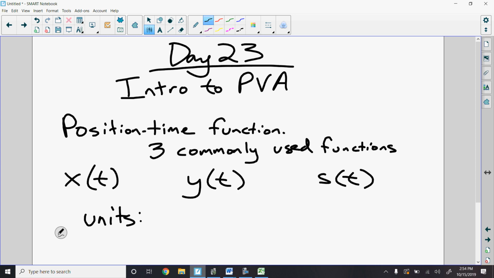Since it's just a position, it's a location. It's given in terms of a distance from some kind of origin point. That distance could be meters or feet or yards or anything. So I'll just put some examples.